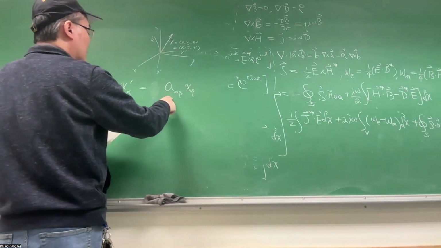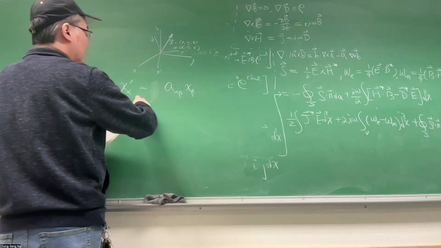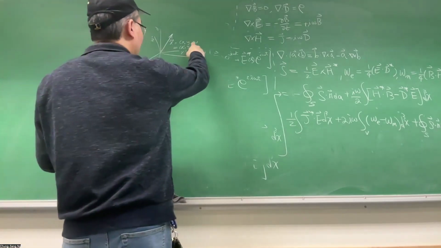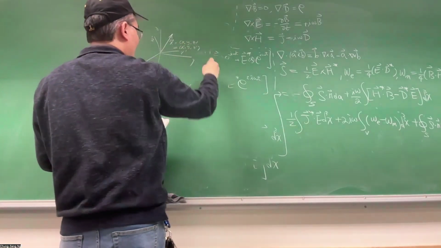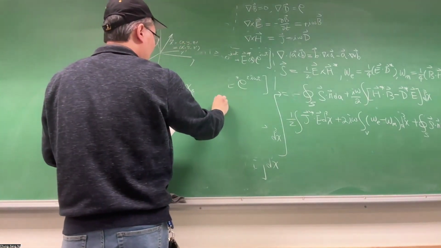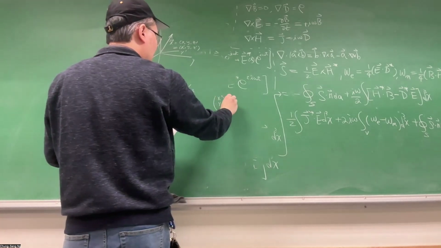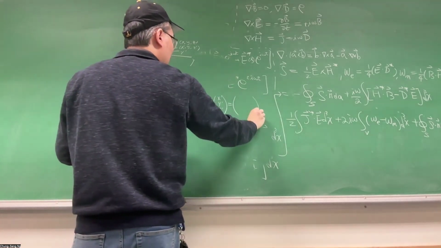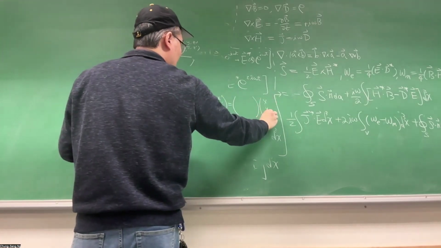All right. So this is just like a matrix multiplication. If you go back and represent this as a column vector, x prime, y prime, z prime equals this A matrix multiplied by x, y, z.